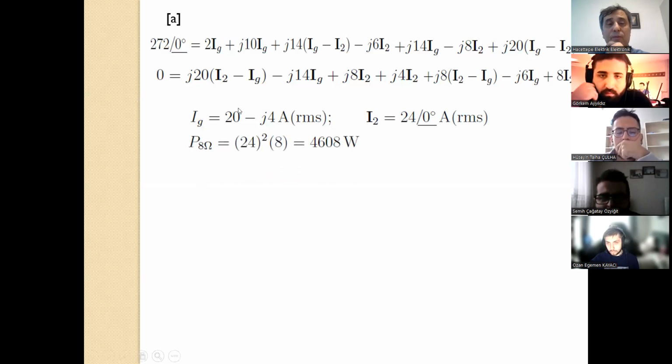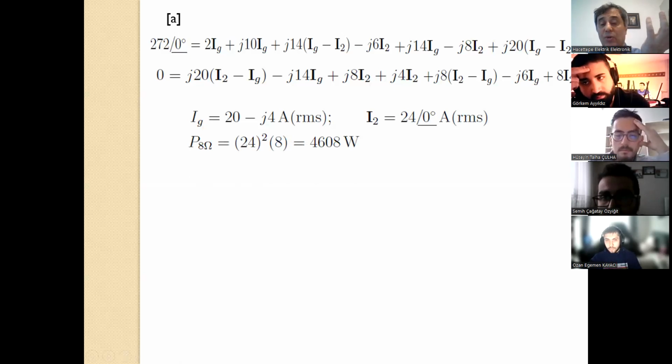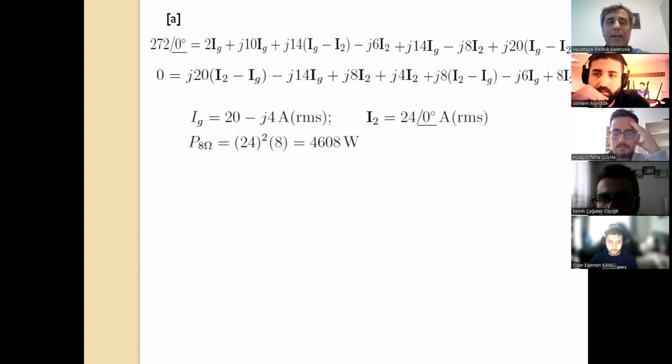And then look, in this set of equations, it only depends on I2 and IG. So we have two equations and two unknowns, and I'm sure that you will be able to solve that. IG is 20 minus J4 amperes RMS.